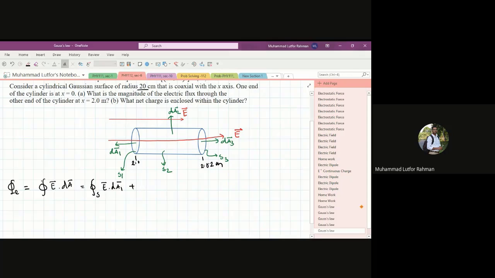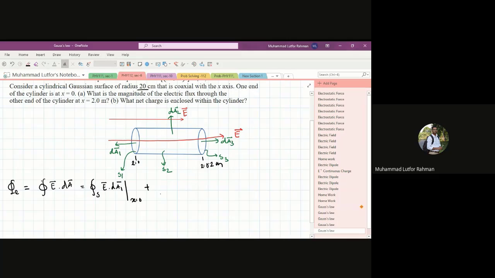plus, for surface 1, x equal to 0. If the x is different, then the surface is going to be different, right?